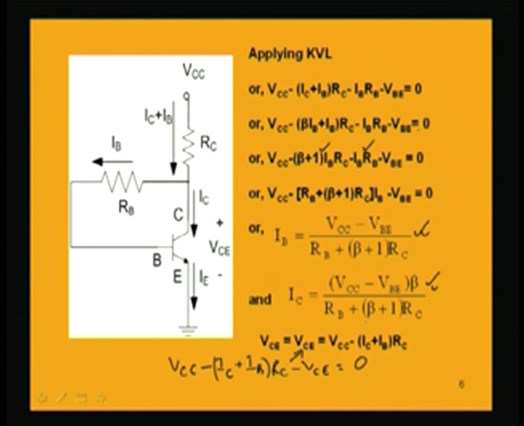So, now we have the operating point defined by IC and VCE. Having known the operating point, let us see whether the bias stabilization is satisfied here or not, meaning the change of beta will affect the collector current in what way.